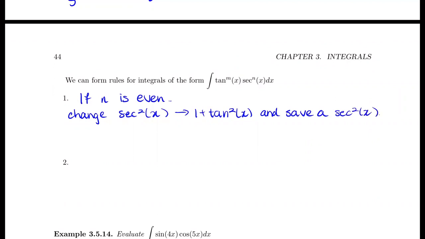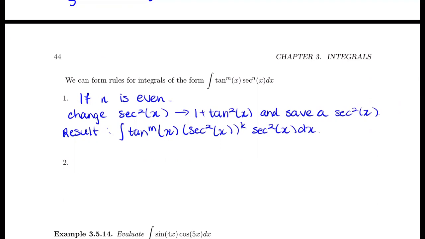And as a result of doing this, we would get that the integral of tan to the power m of x, and we have a secant squared of x, all that to the power k, and we're going to save a secant squared of x dx.